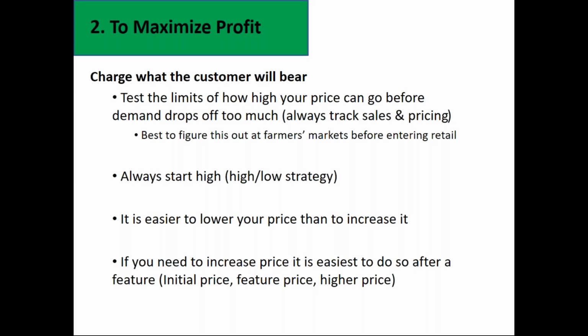So if you're at $7.99 and you want to get to $8.99, I'd probably drop it to $6.99 for a promo, and then I'd bounce it back up to $8.99. And you see that with gas pricing all the time, where the price will drop, and then it'll go back up, actually higher than where it originally started. And somehow we seem to forget that it was cheaper before the price war, or before the prices dropped. So that is an effective strategy.